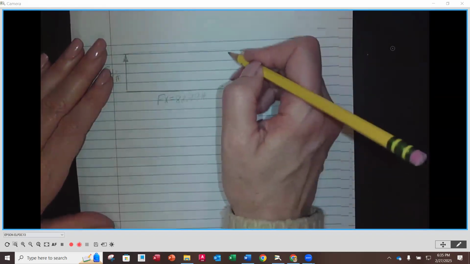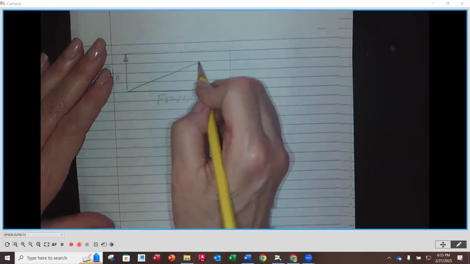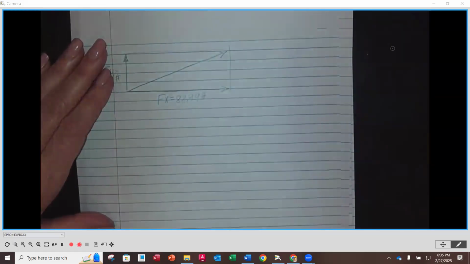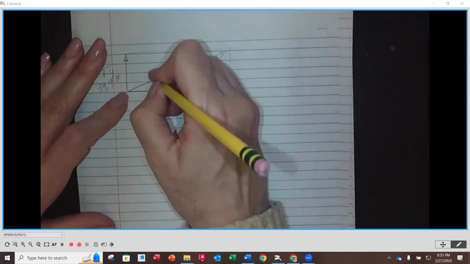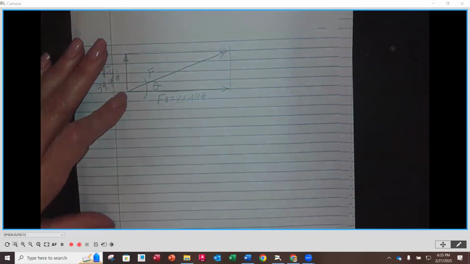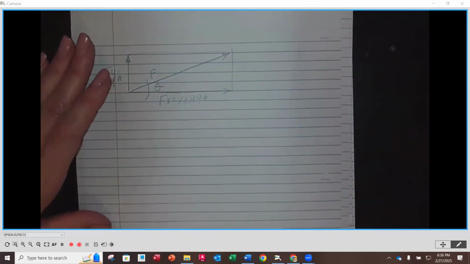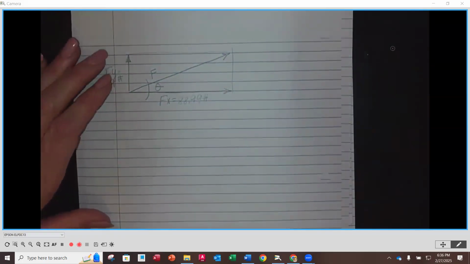Okay, so that means that I'm going to go here, here. Our resultant force, which is going to be our F, okay? And then we're also going to need an angle, because to fully define a vector, which is this force, we have to also have its direction.